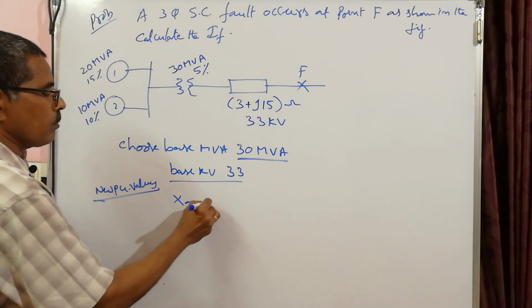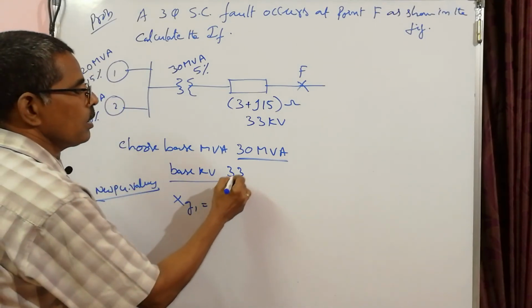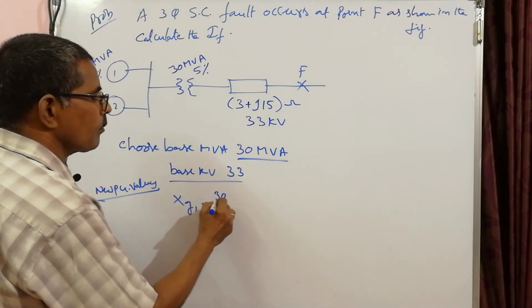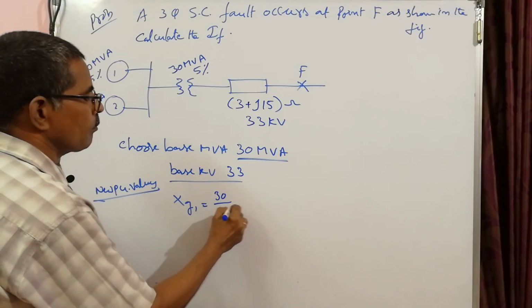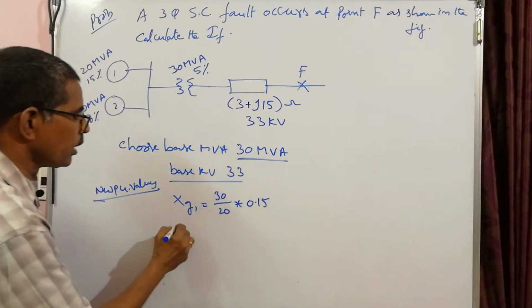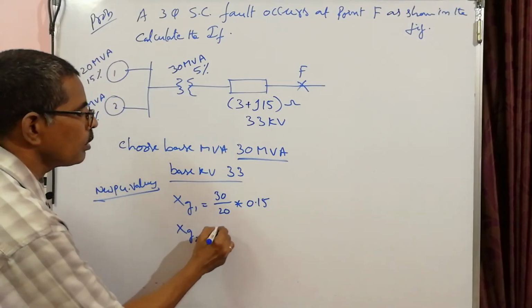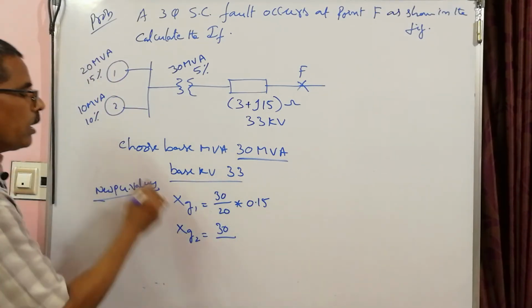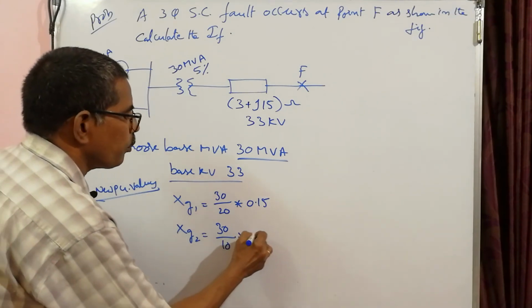What is Xg1? Xg1 is 30 by 20 into 0.15. Xg2, 30 by 10 into 0.1.